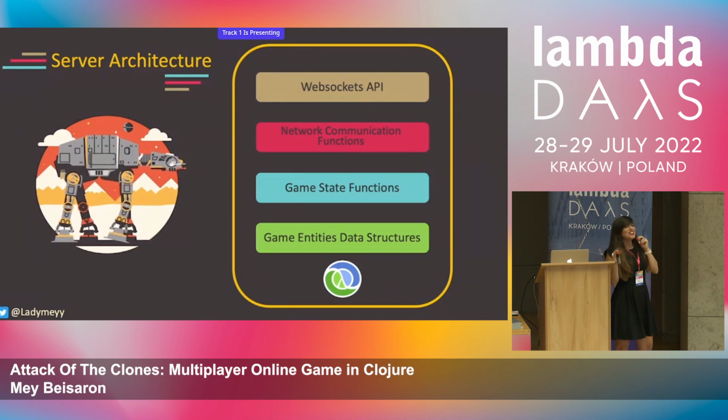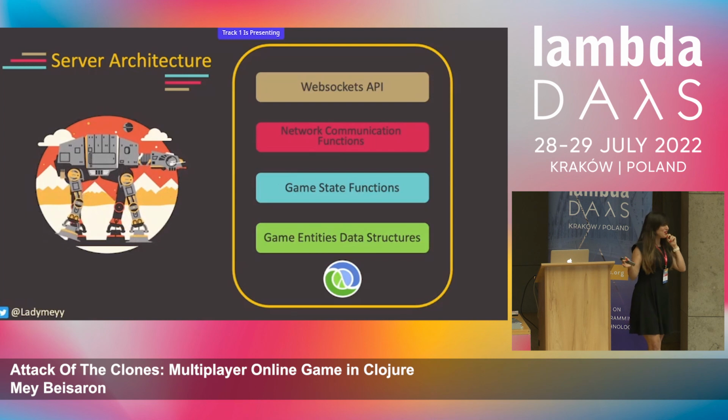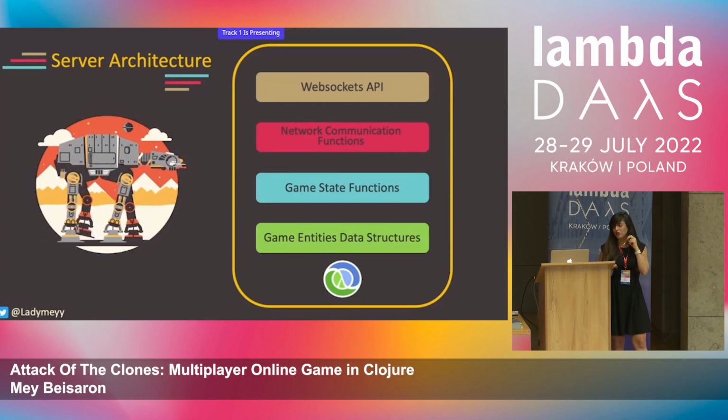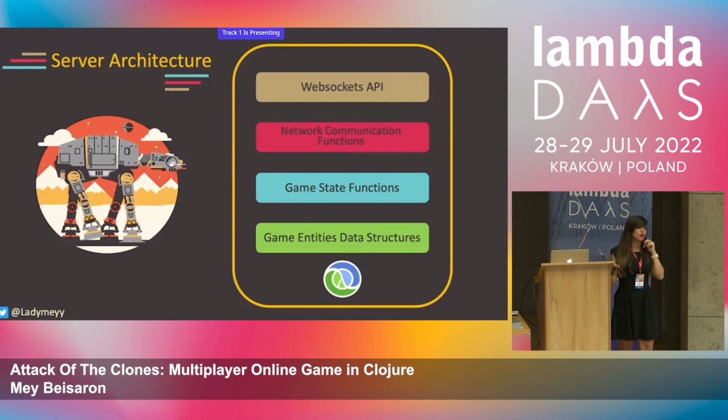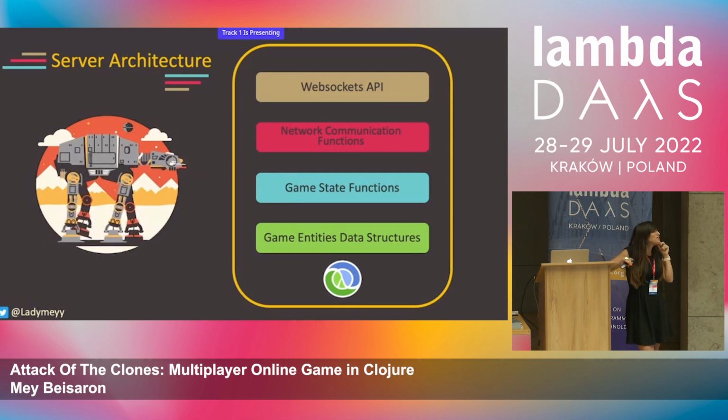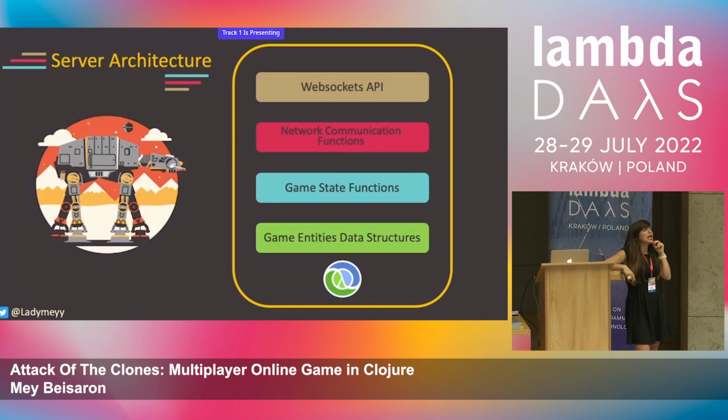I don't know. So if you want to develop your own multiplayer online game, what you need to do is start with deciding how you want your data structures to look. If you decide to write your game in an object-oriented language, then maybe you want to have a class for your player or something like that. I don't like it, so I'm not going to tell you how to do it.